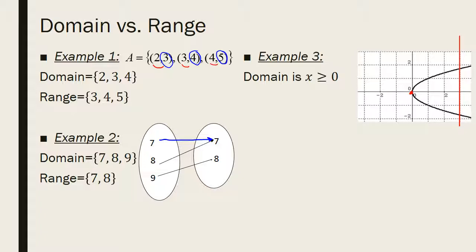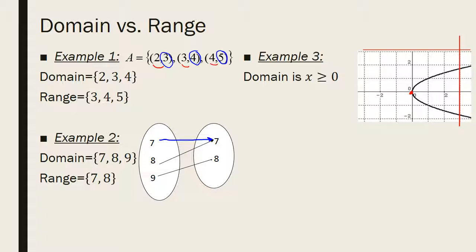Now for the range, I'm going to have to do the opposite. I'm going to imagine a horizontal line going through the graph, and then look at the y values that result from the graph. I'm going to imagine that this horizontal line is going through the graph from the bottom to the top. And we'll see that this line crosses the graph from the bottom values to the top values.